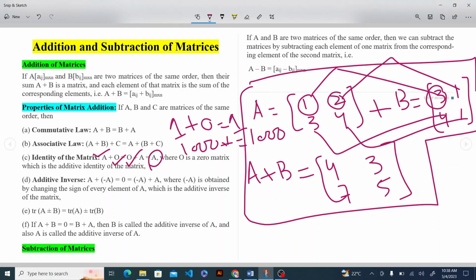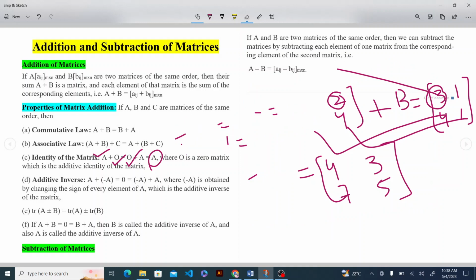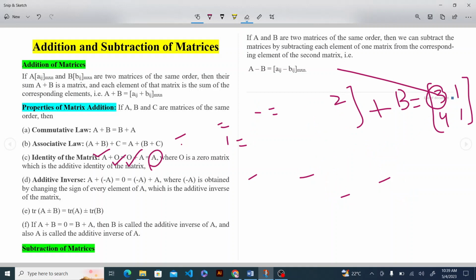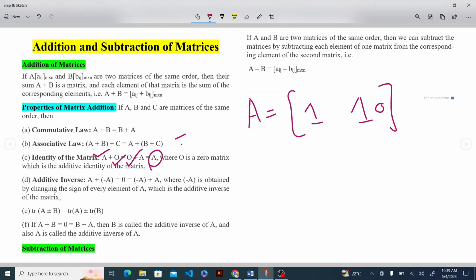Let me clear it with an example. Okay, so if we take a matrix A, 1 and 10, and we add a matrix O to it, and matrix O has two elements, 0 and 0.